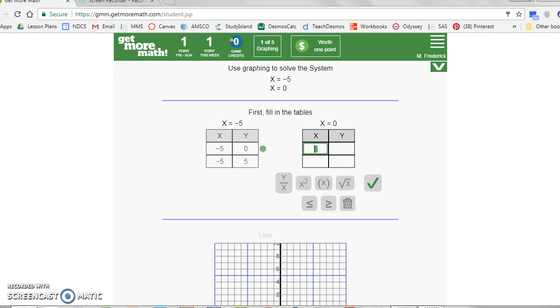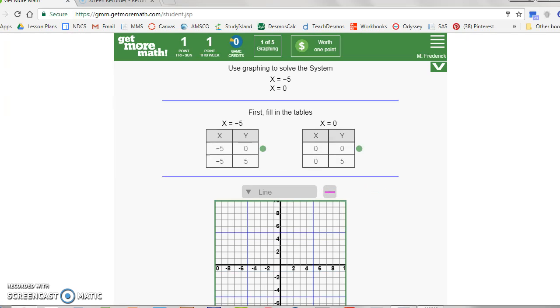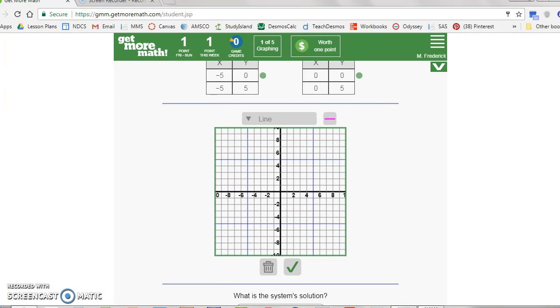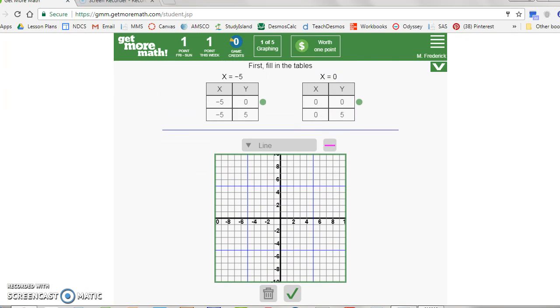This is going to be a vertical line through that value x equals negative 5. Similarly, we could have the point 0, 0 and 0, 5, as long as our x value is 0. Both of these are vertical lines, so we're going x equals negative 5 and x equals 0.